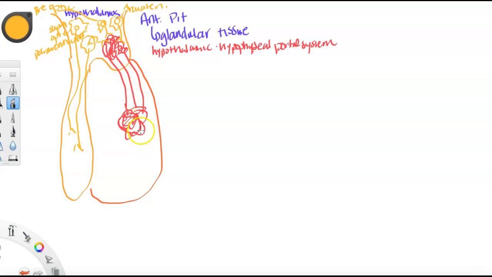All right, so there are 6 hormones that come from the anterior pituitary, and they are released by releasing hormones in the hypothalamus. So if we look at the first one, we'll look at ACTH. Okay, so ACTH is adrenocorticotropic hormone.